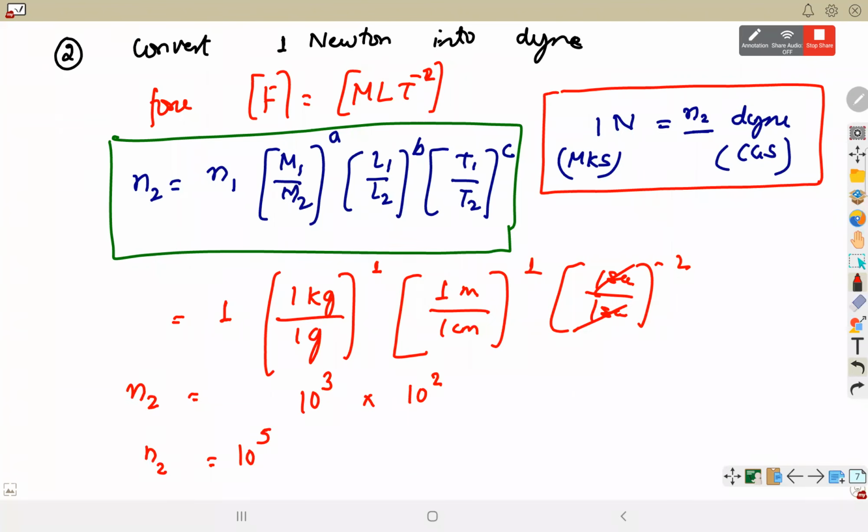The value of force in the CGS system of unit, 1 Newton is equal to 10 raised to power 5 dyne.